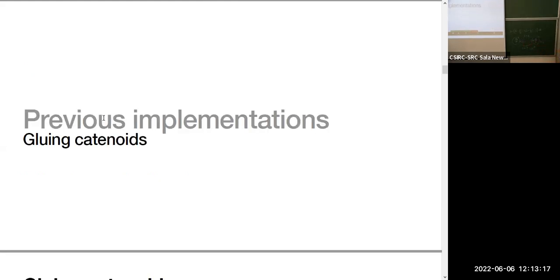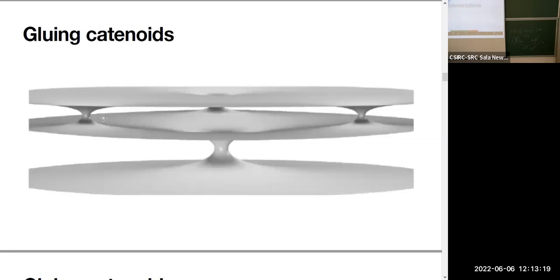So let me quickly go over what happened with the catenoids. So catenoids is like this. And for this picture, what was the gluing? So I first have 3 planes, 3 Riemann spheres.